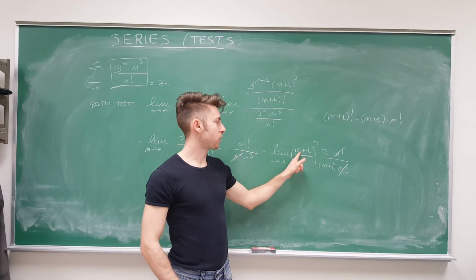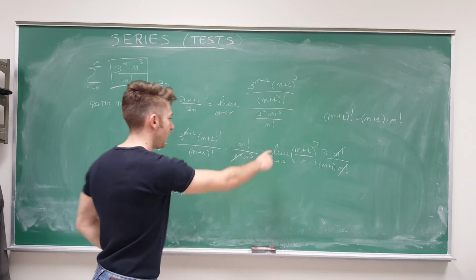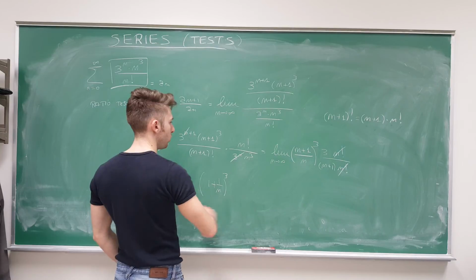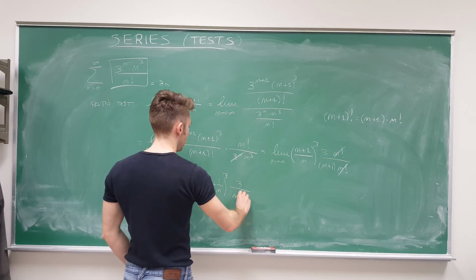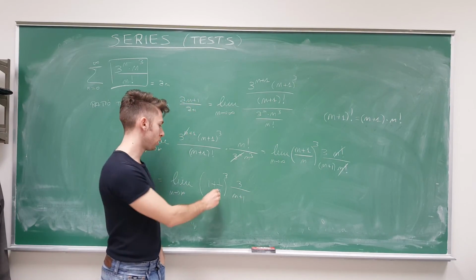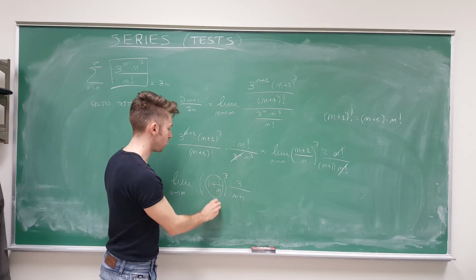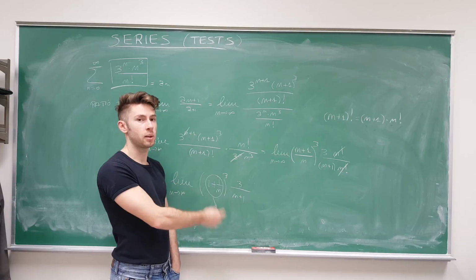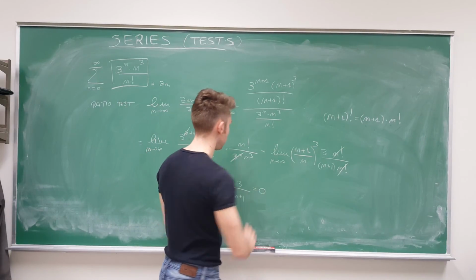So let's factor out an n. So here we can divide by n. I get 1 plus 1 over n cubed times 3 over n plus 1. So this term approaches 1, while this term approaches 0. So this limit is 1 times 0, which is 0.